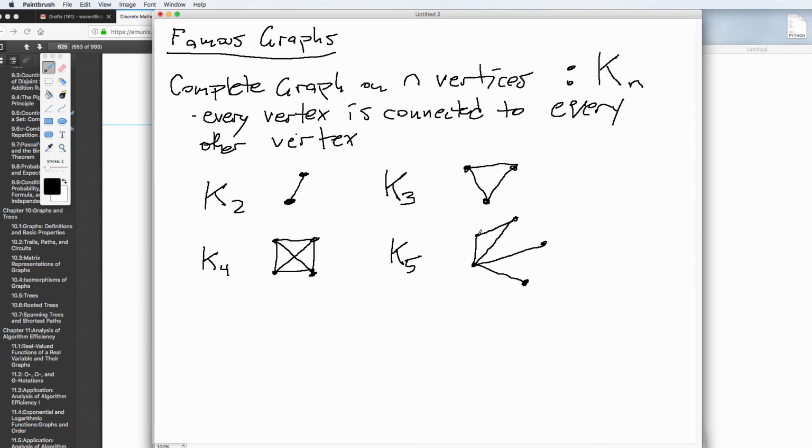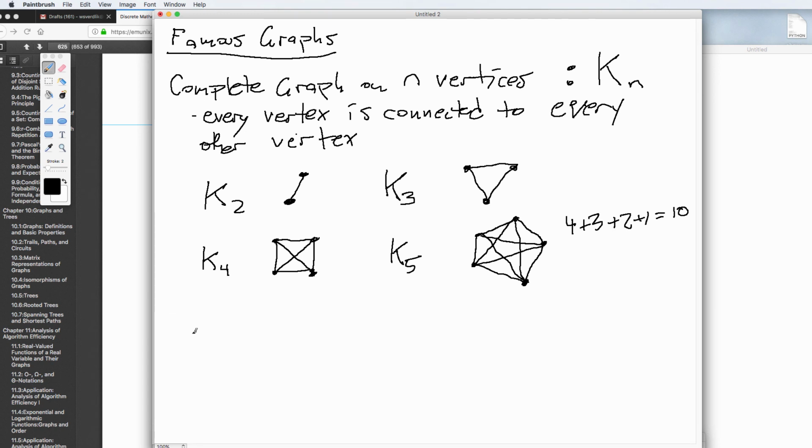So that's 1, 2, 3. And now I have to come over here. This one still has 2 remaining points to connect to. So there's 1, and there's 2. And now when I come over here, this only has 1 left. So if the question was for K5, how many edges are there? Well, there are 4 plus 3 plus 2 plus 1. That's equal to 10.